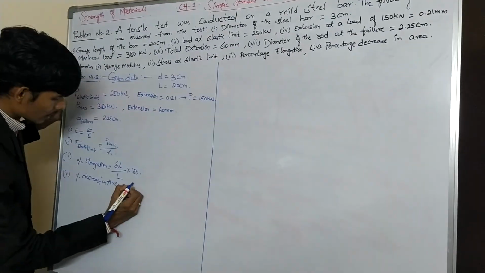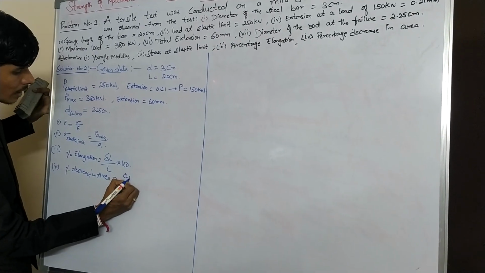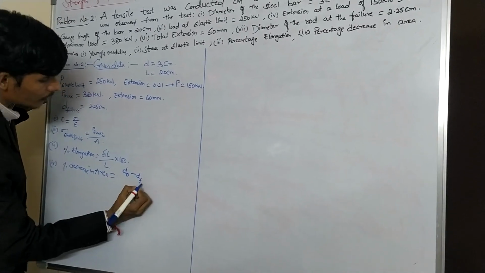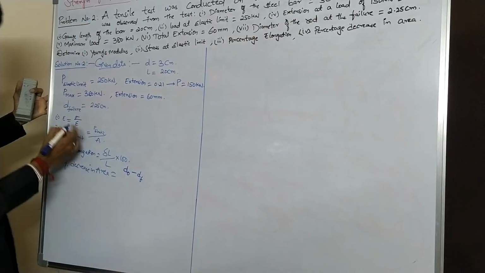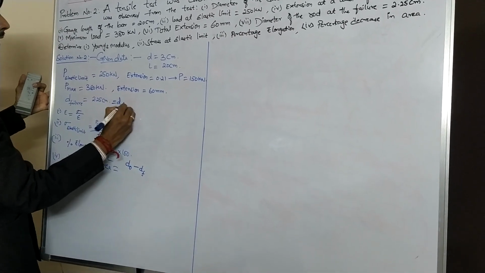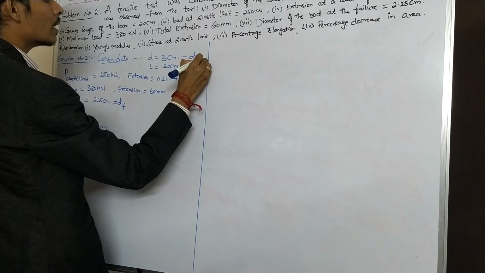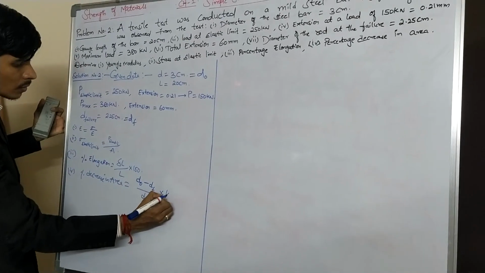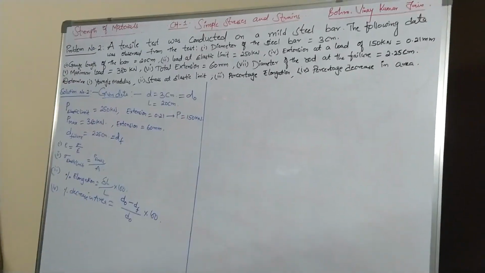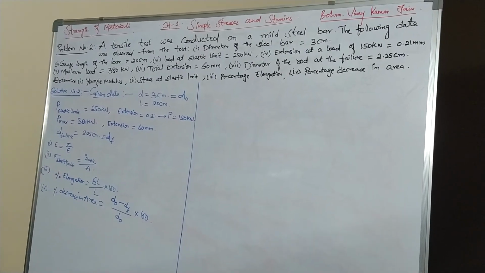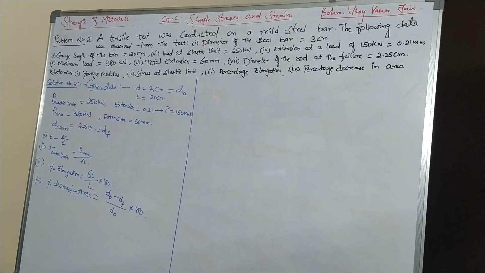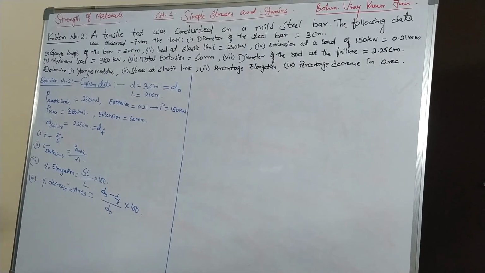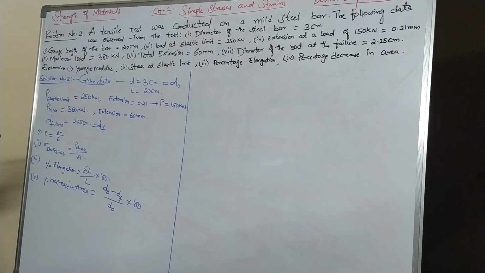So percentage decrease is original diameter D0 minus DF, diameter of rod at failure, by original diameter, into 100. So these are the given data and what you need to find out. Let us solve the first one.